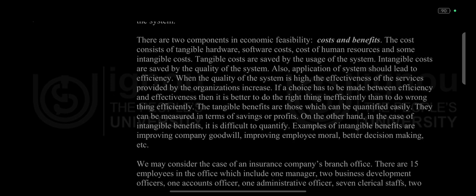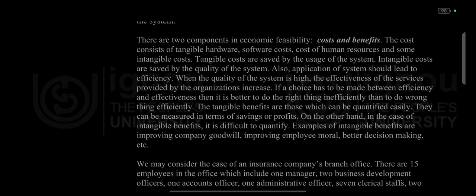There are two components in economic feasibility: costs and benefits. The cost consists of tangible hardware, software costs, cost of human resources, and some intangible costs. Tangible costs are saved by the usage of the system. Intangible costs are saved by the quality of the system.